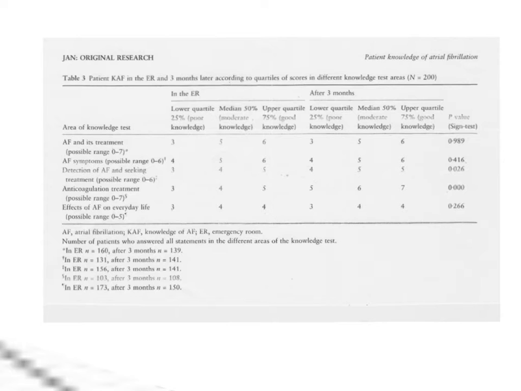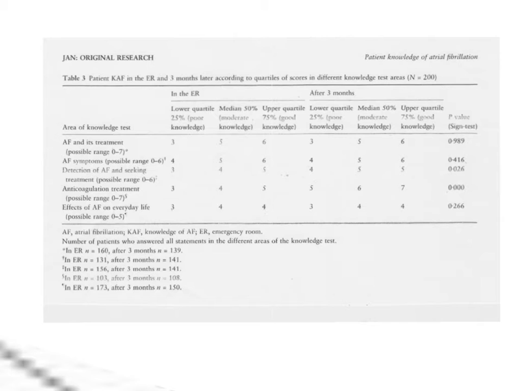The researchers first coded correct answers with a 1 and incorrect or do not know answers with a 0. Then each patient got a sum score for each section of the test.